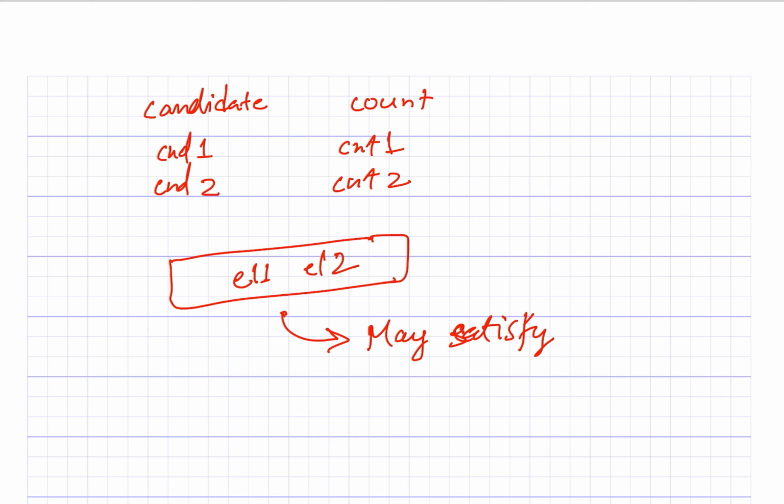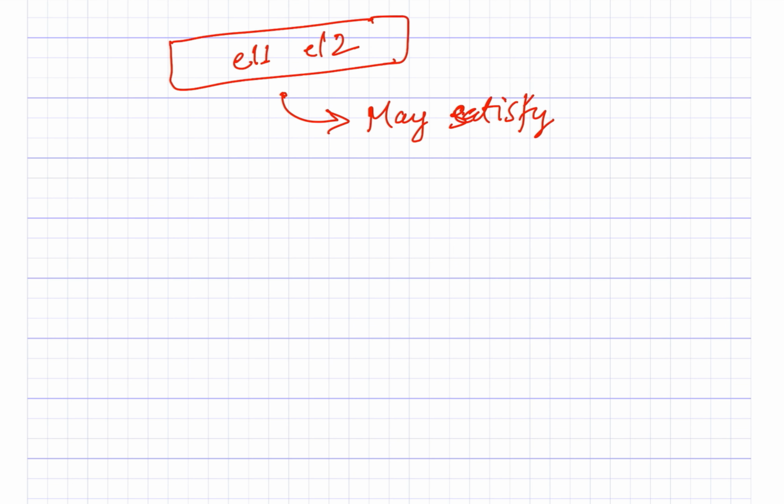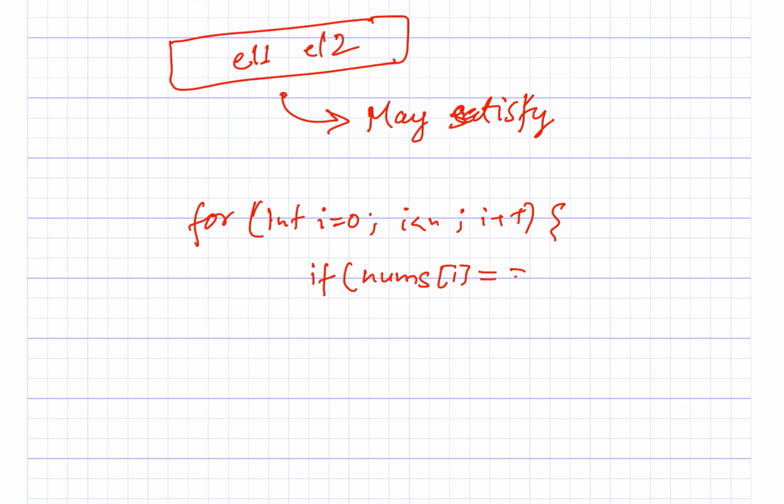We will check for the elements that will appear the most times. How will we check? We will traverse through the whole array and we will check if the given element is equal to our candidate 1.